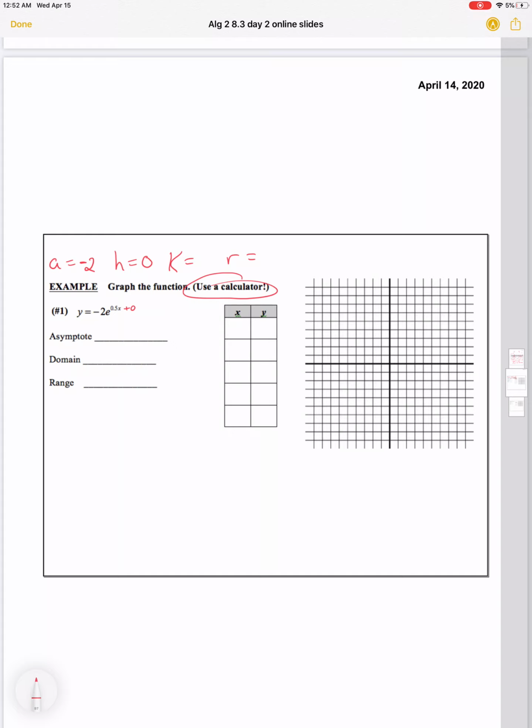K is also 0, because there's really nothing added at the end of the equation. And r is positive 0.5. So since r is positive, this would be similar to a growth equation.